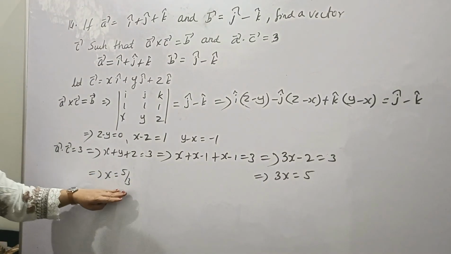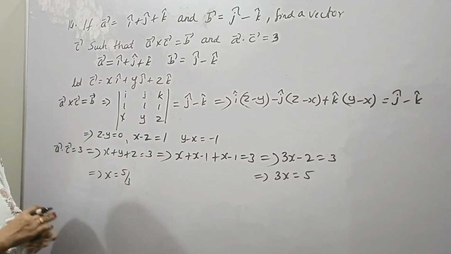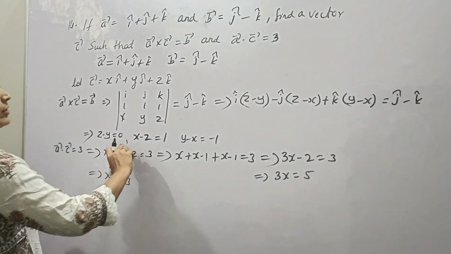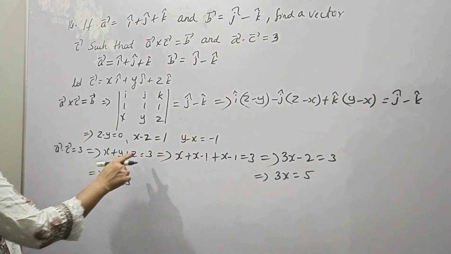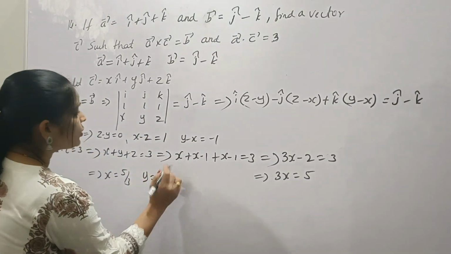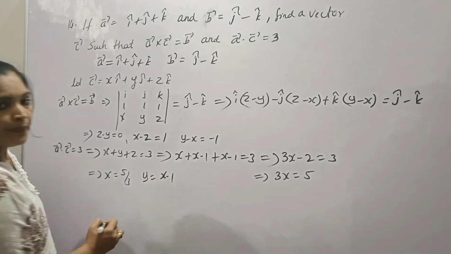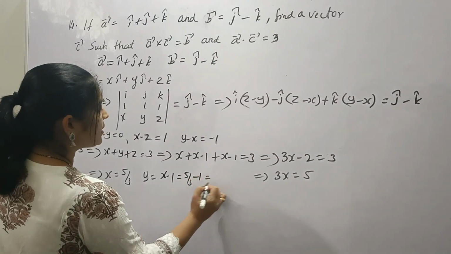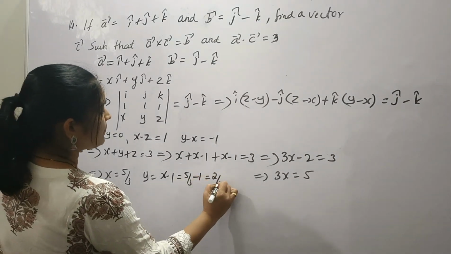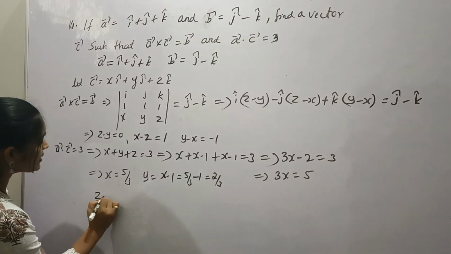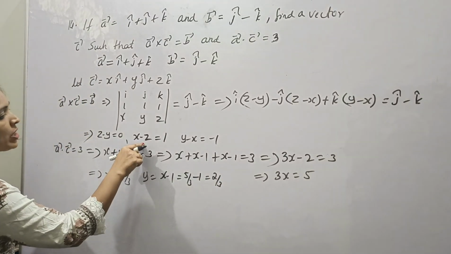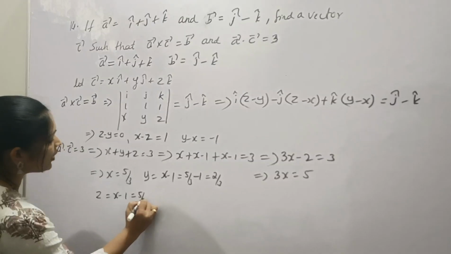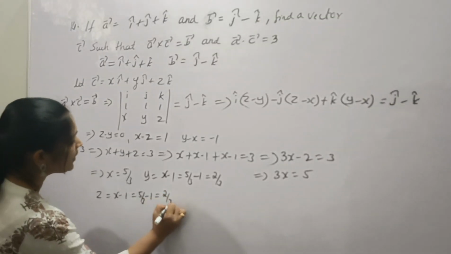We have got the value of x. Next we will find the values of y and z by substituting this x value in these equations. We know that y is equal to x minus 1, that is 5 by 3 minus 1, that is 2 by 3. And from this equation, z is equal to x minus 1, that is 5 by 3 minus 1, also 2 by 3.